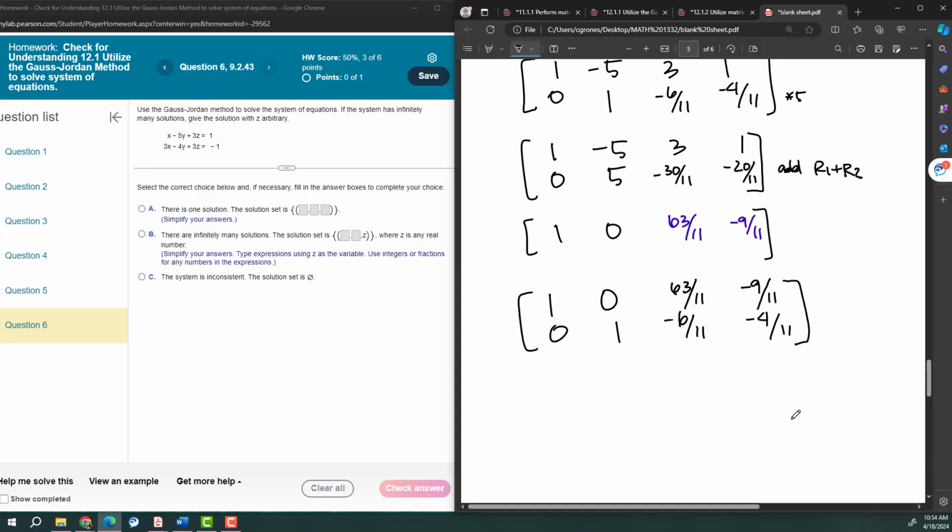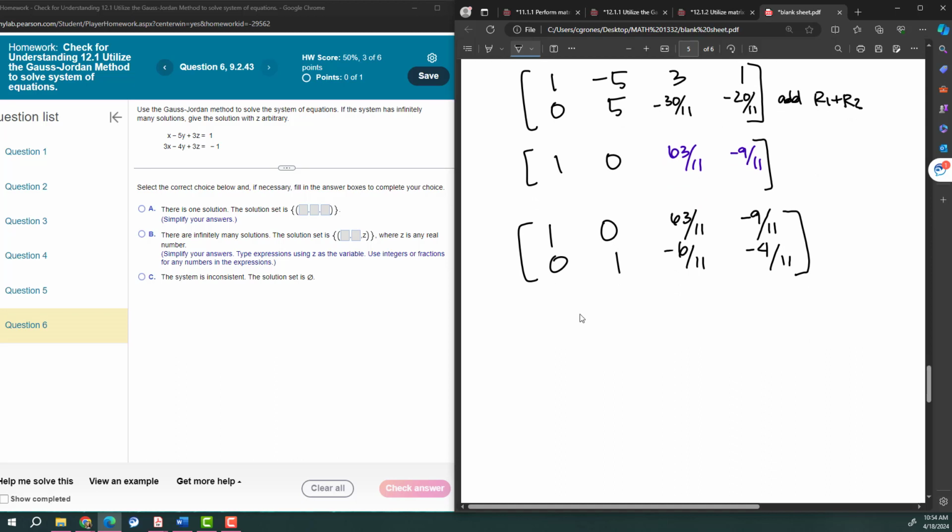All right, so what this means is x plus 63 over 11 z equals -9 over 11. And then y minus 6 over 11 z equals negative 4 over 11.